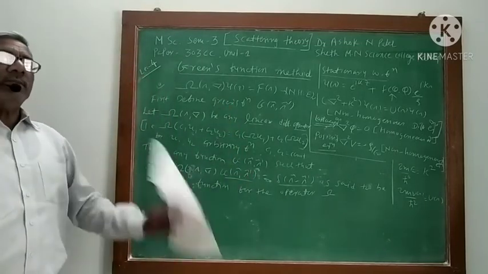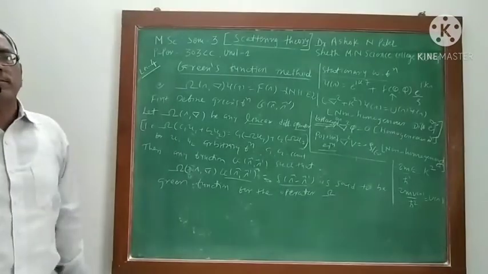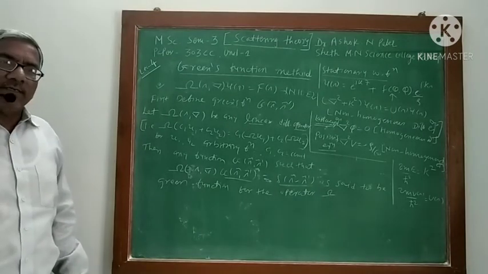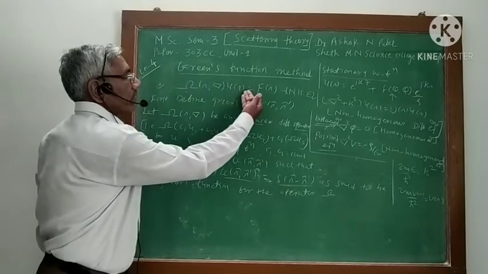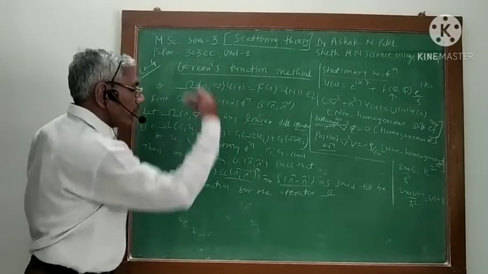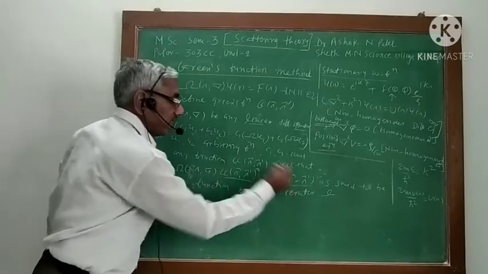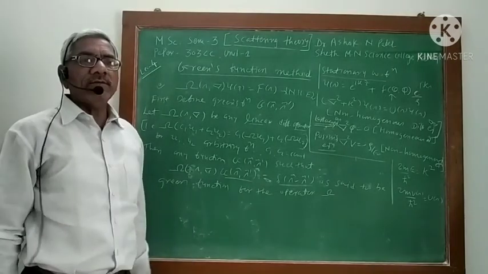Once I have the Green function, half the work is done. Suppose we have defined the Green function for this non-homogeneous equation. Now the Green function is ready for me.